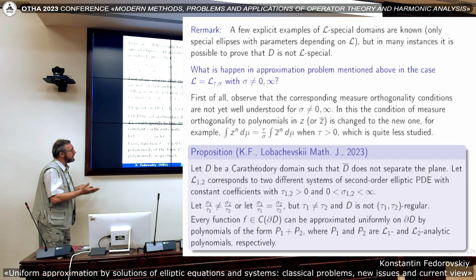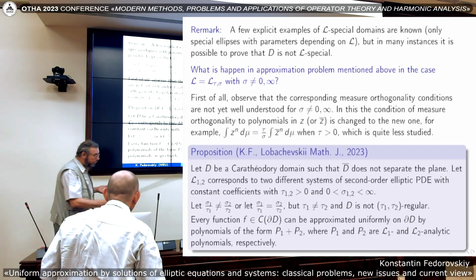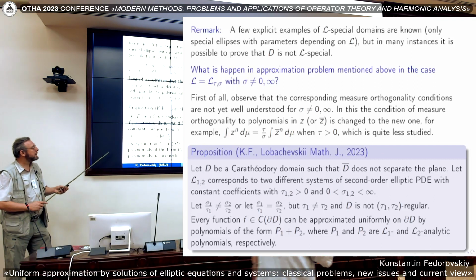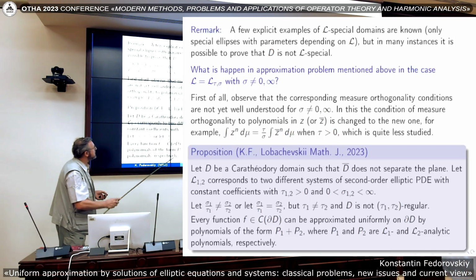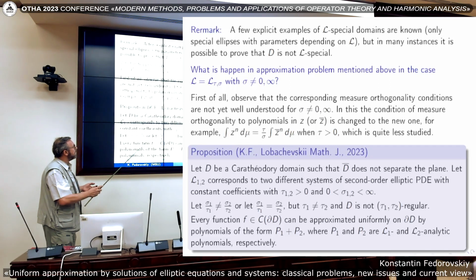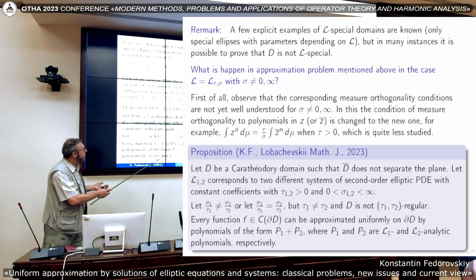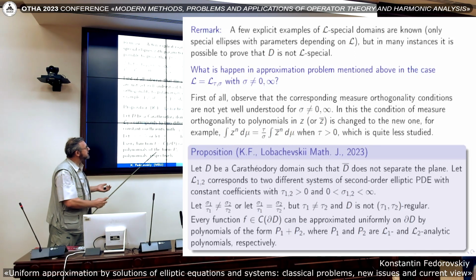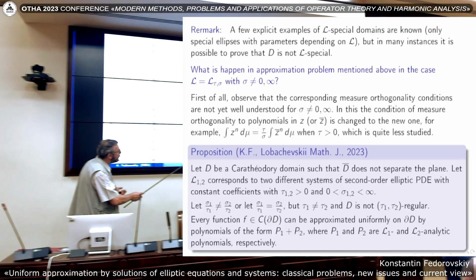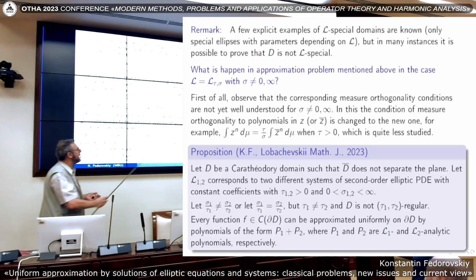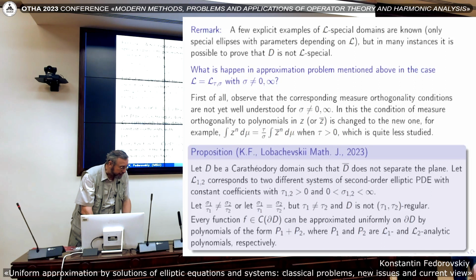What was possible to prove, in the 20 seconds I have, is this result, where in the case of general operators we are able to say something when we approximate continuous functions by sums of polynomials from kernels of two distinct operators of our type.